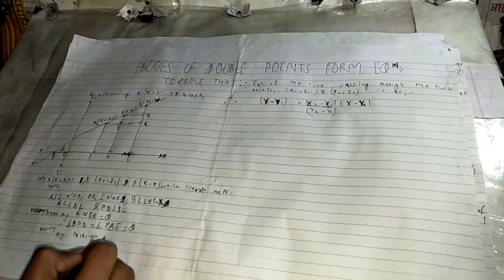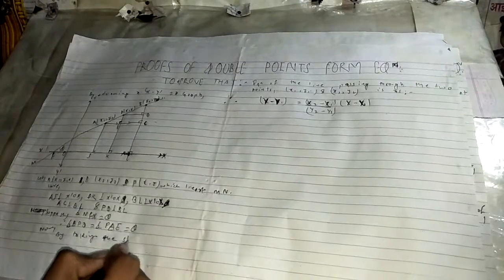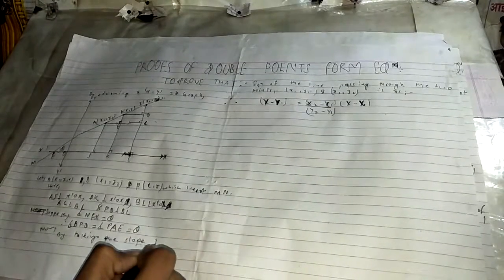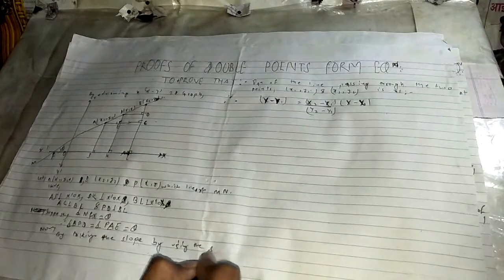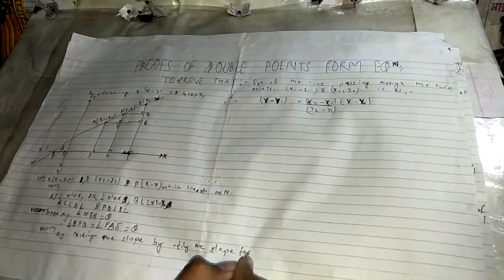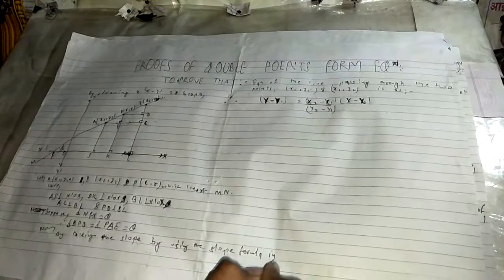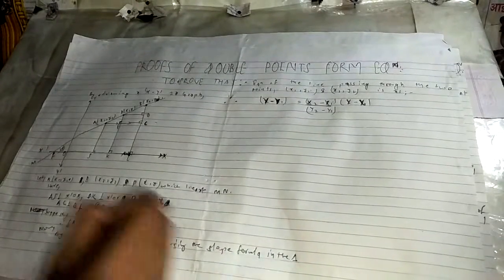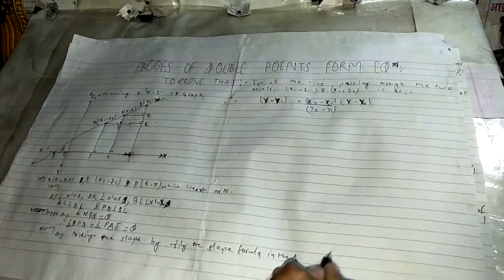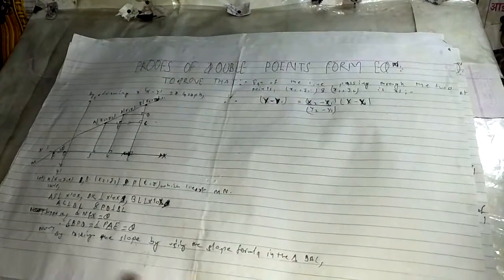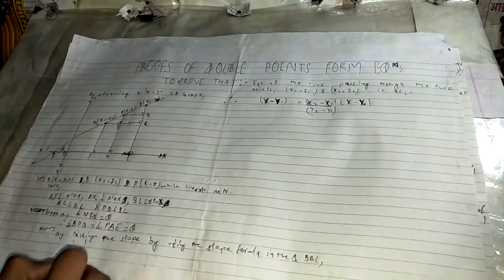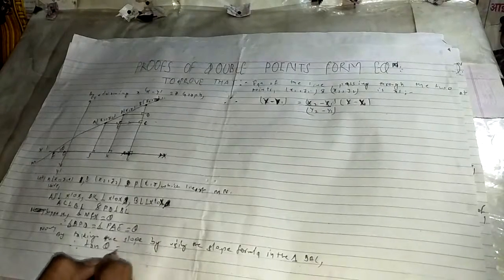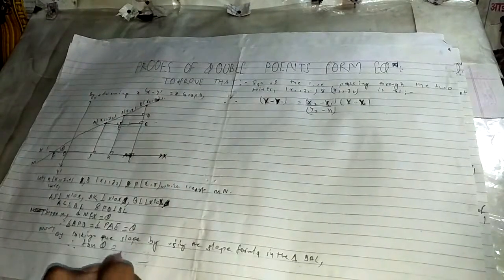Now, using the slope formula in the triangle BAC, tan theta equals BC by AC.